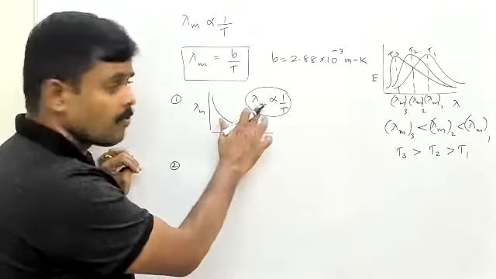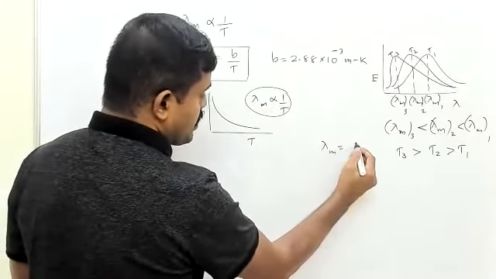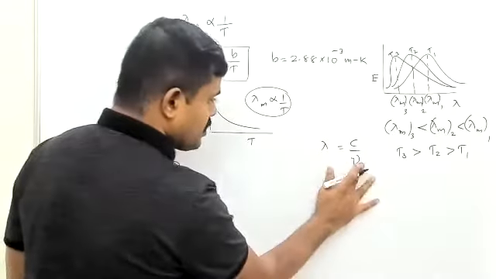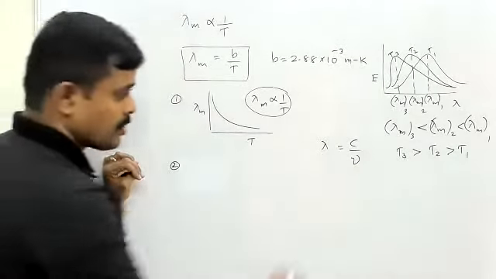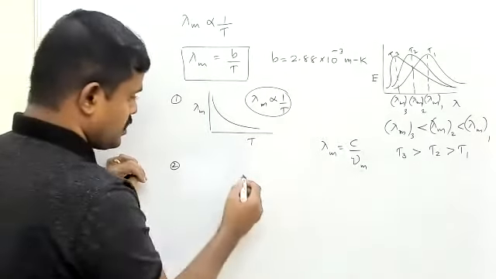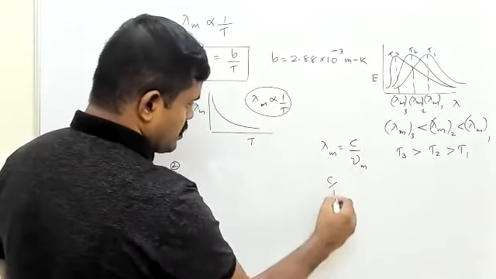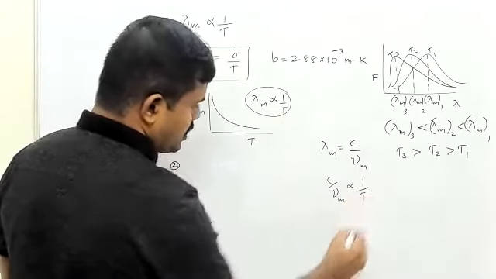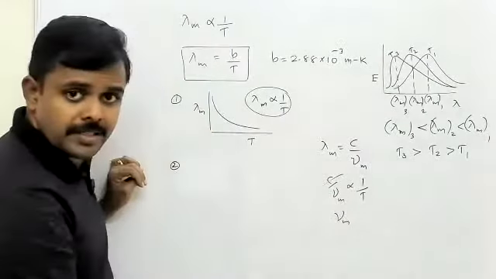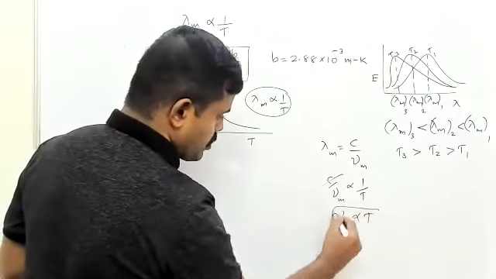Number 2, I'm going to draw frequency. Lambda and frequency are what? Lambda is equal to c by nu. Do you remember? So lambda m is equal to c by nu m. So c by nu m is proportional to 1 by T, which means nu m, since c is constant and nu m is in the denominator, is proportional to temperature.